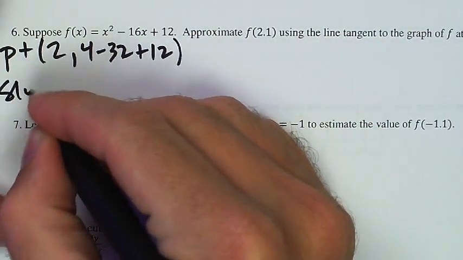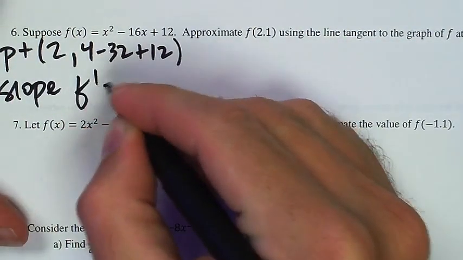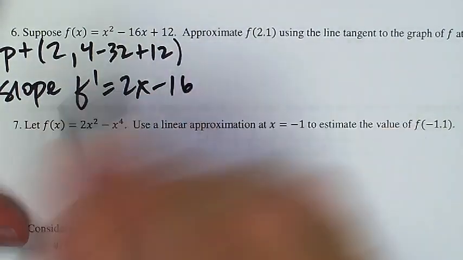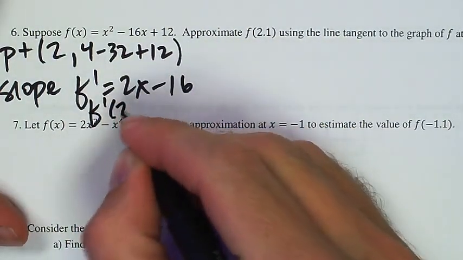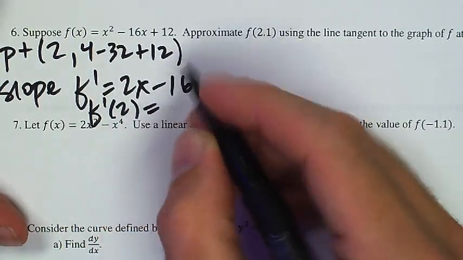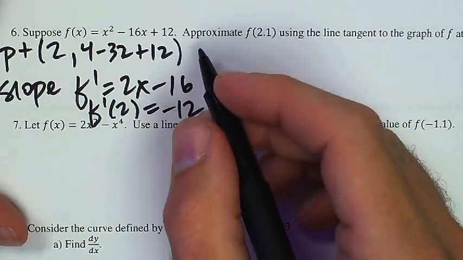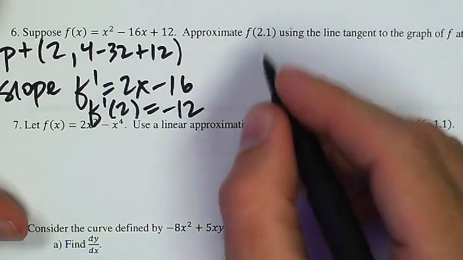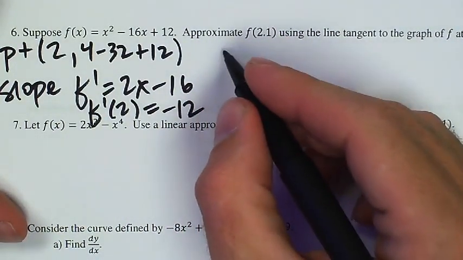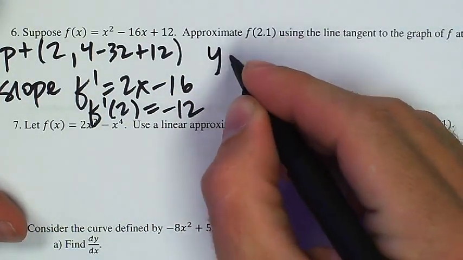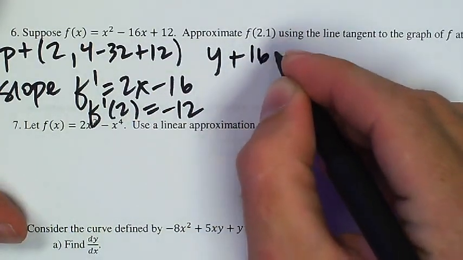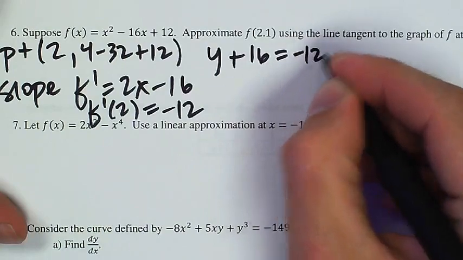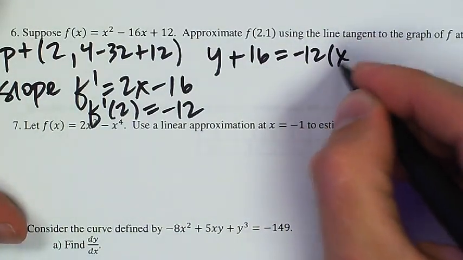The slope, f prime, is 2x minus 16, which at x equals 2 is 4 minus 16, or negative 12. So the line is going to be y minus negative 16 equals negative 12 times x minus 2.